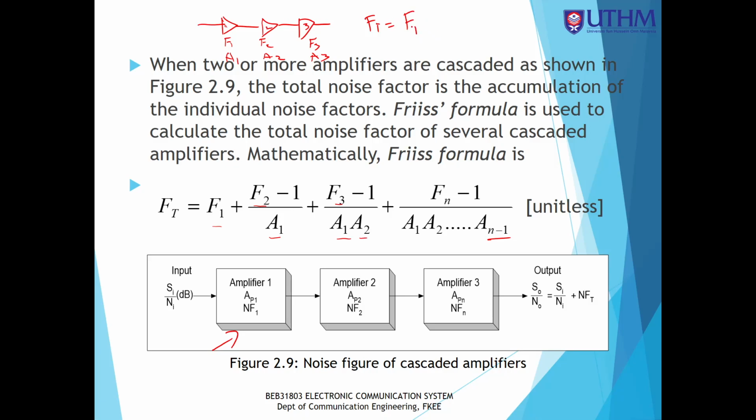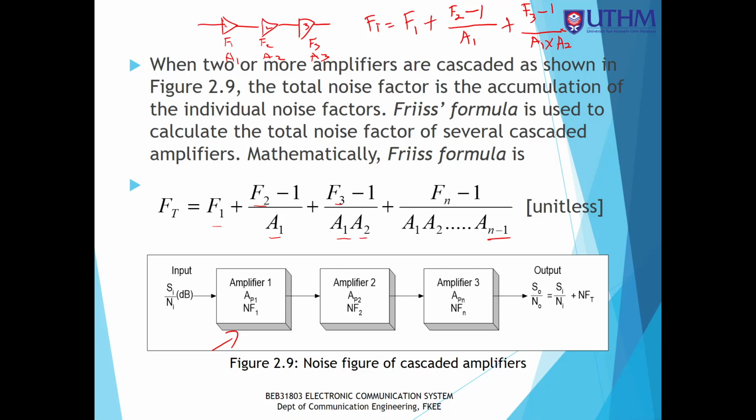noise factor of the first amplifier plus noise factor of the second amplifier minus 1 divide with the gain from the previous amplifier, plus noise factor of the third amplifier minus 1 divide with the total gains of previous amplifiers, which is A1 multiplied with A2.